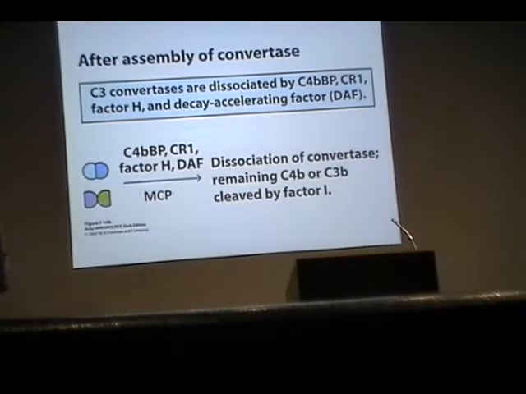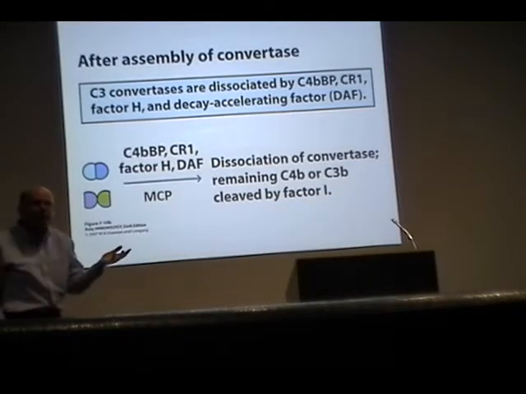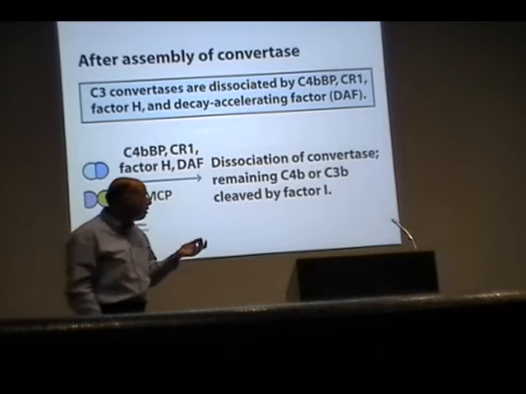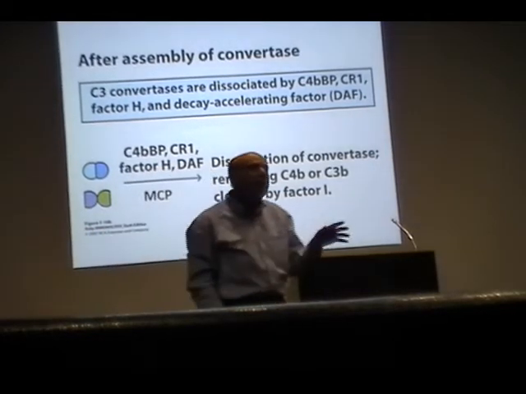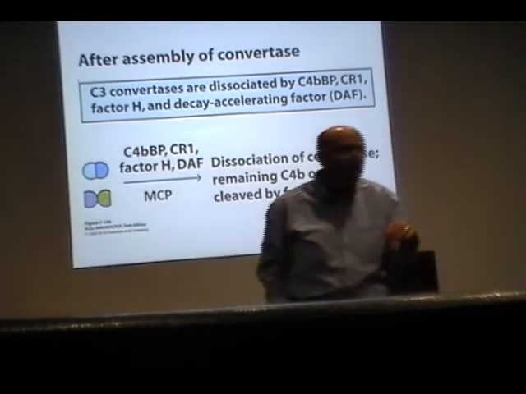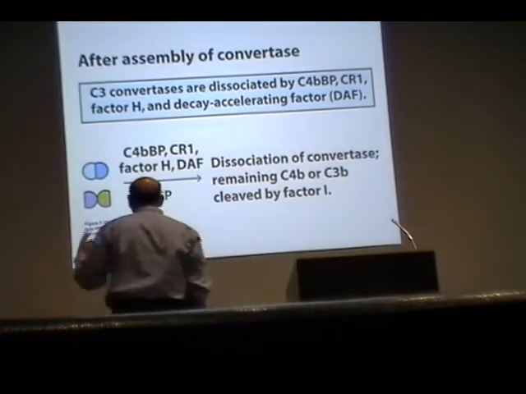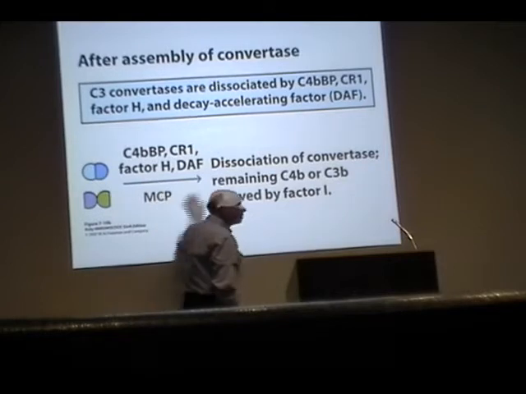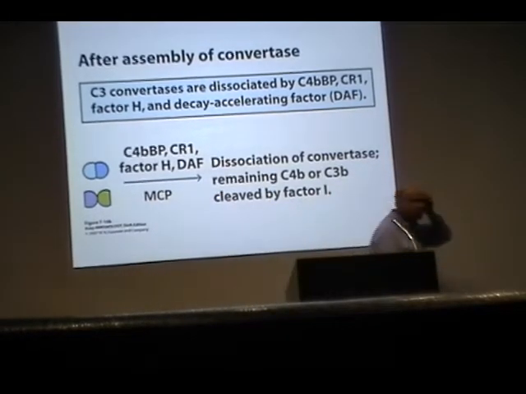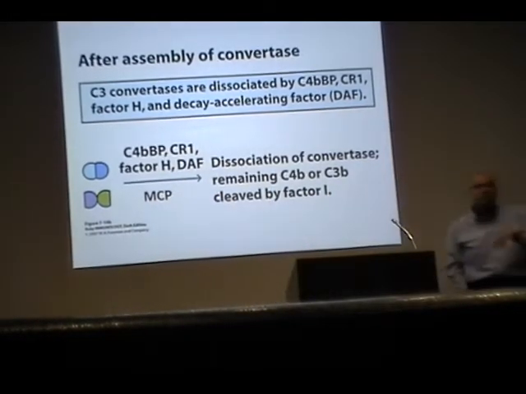You figure out the system, there's no specificity in the system at all. The only specificity is an SH group or a primary amine, and that's not very high specificity. So the host is a real likely target for this cascade, and therefore we need five different molecules to dissociate that convertase to minimize its damage to the host.